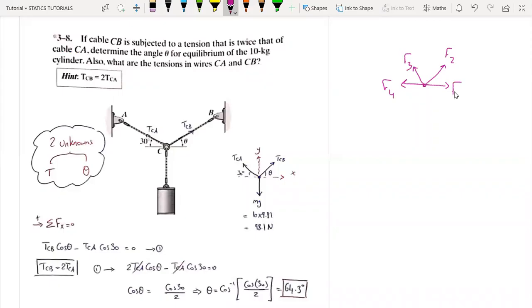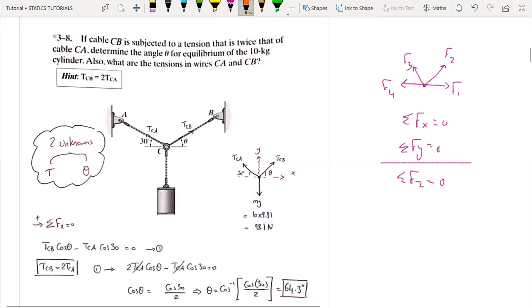In 2D, the summation of the forces in the x-axis equals 0, and the summation of the forces in the y-axis equals 0 also. In 3D, we will also add the summation of the forces in the z direction equals 0.